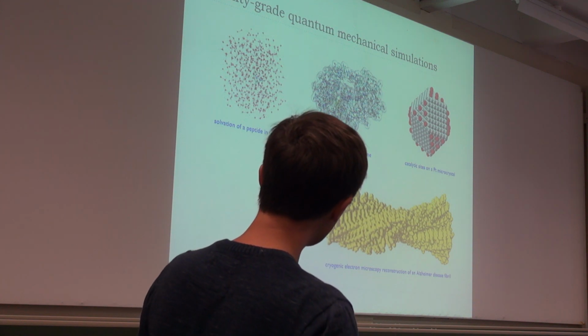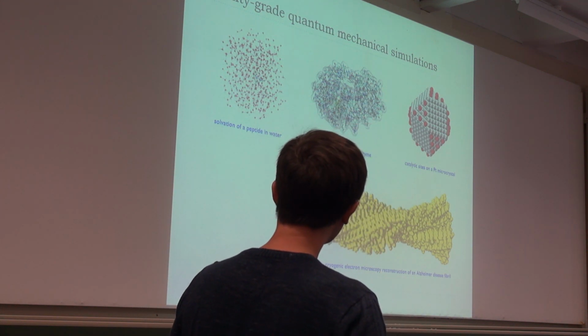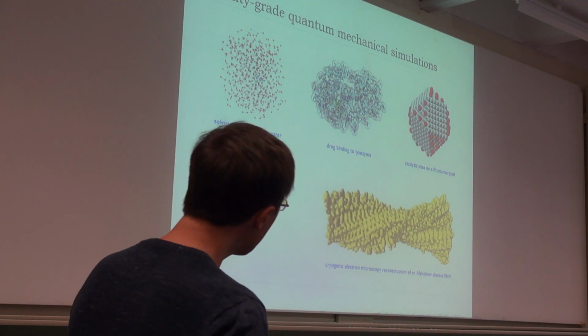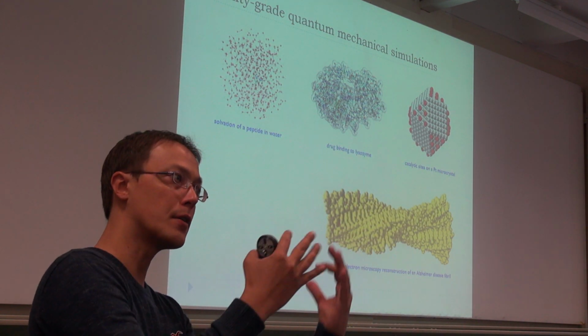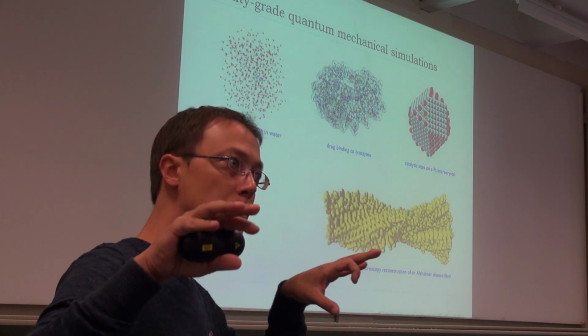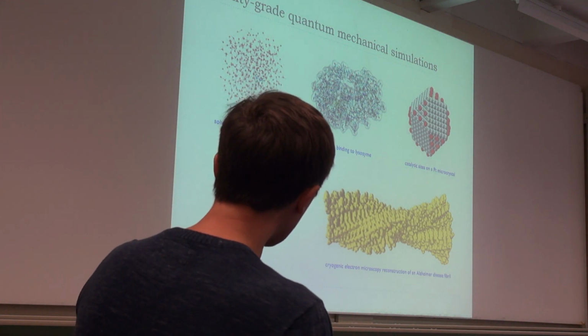This is rather crude. This is a contact surface of the molecule, but this three-dimensional reconstruction is done by taking millions of electron microscope photographs from different sides and then reconstructing a 3D object that these photographs are showing.